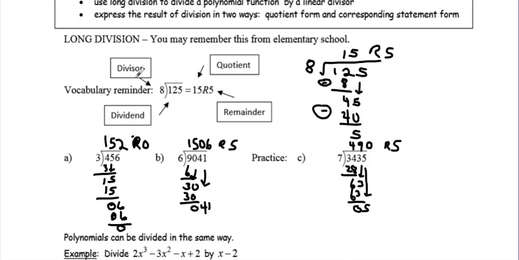If I'm dividing 125 by 8, 8 is the divisor. The number that you're dividing into is the dividend. The quotient is your answer, and the remainder is the remainder, of course.